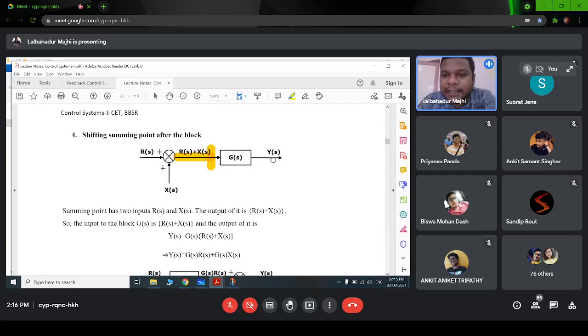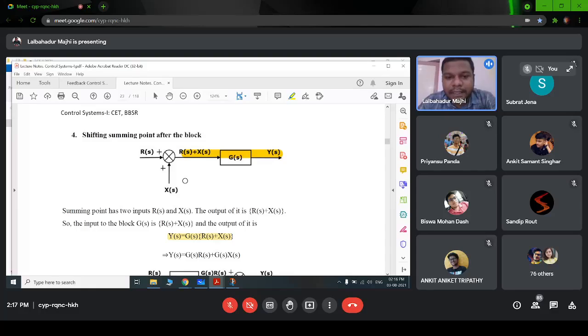So we can write Y(S) is equal to R(S) plus X(S) into G(S), right? Up to this path is an open loop path, and the transfer function will be this one: Y(S) is equal to G(S) into R(S) plus X(S).